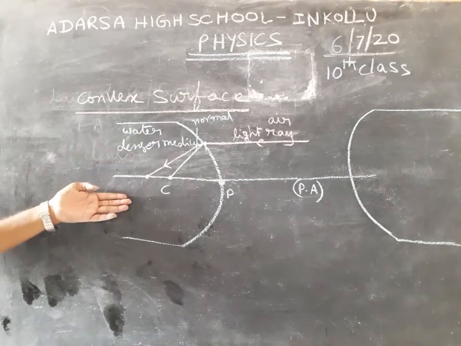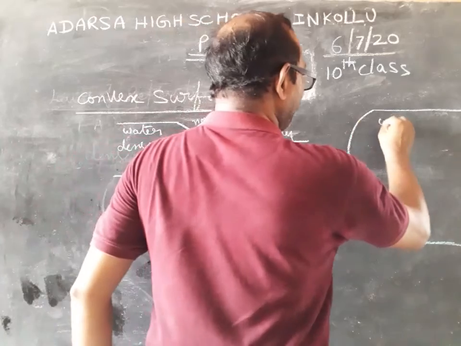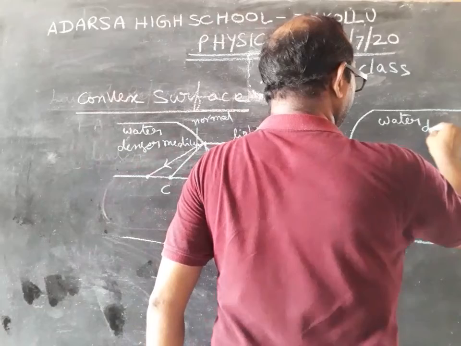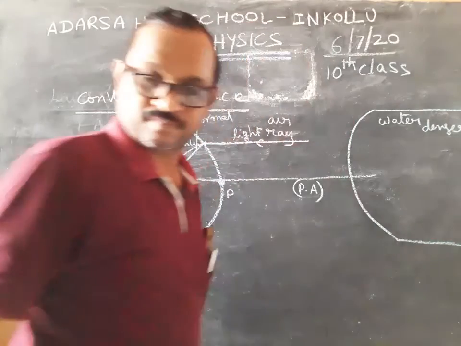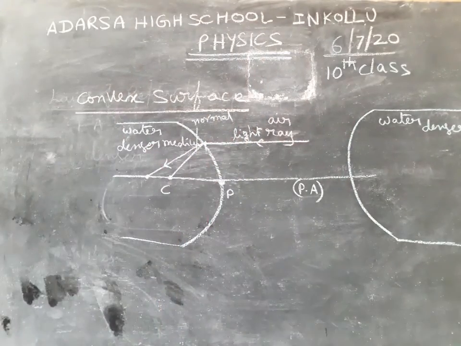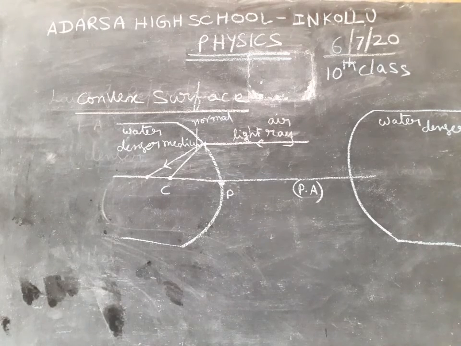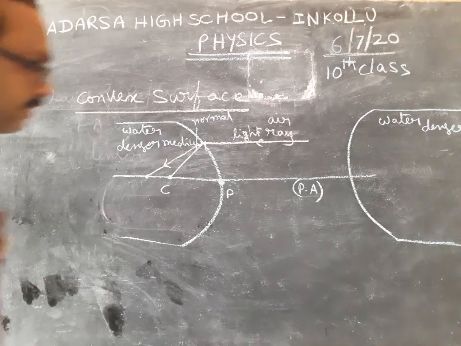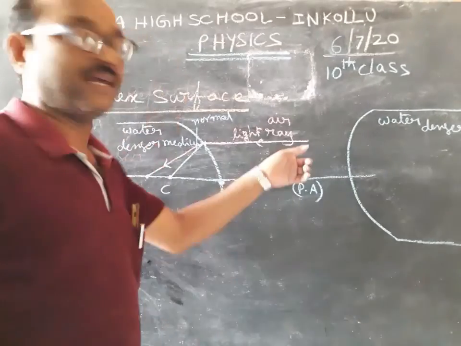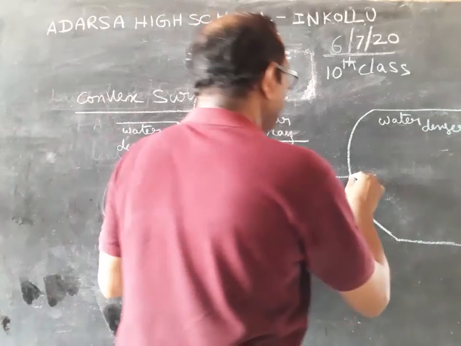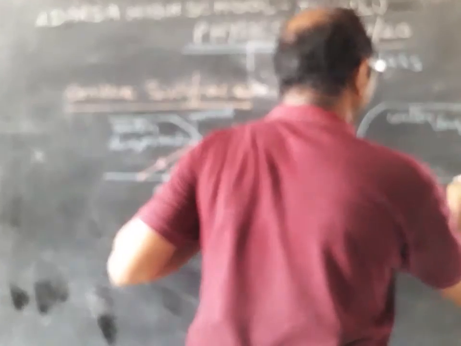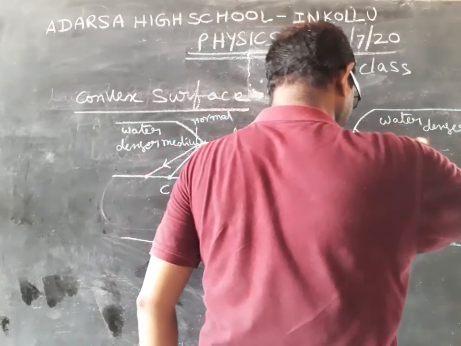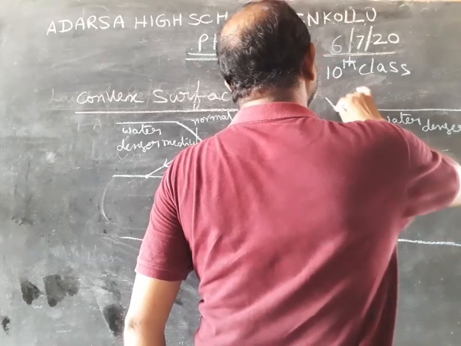This side water, denser medium. This is air, that is the rarer medium. This is the pole. It is the center of curvature. This is the normal.